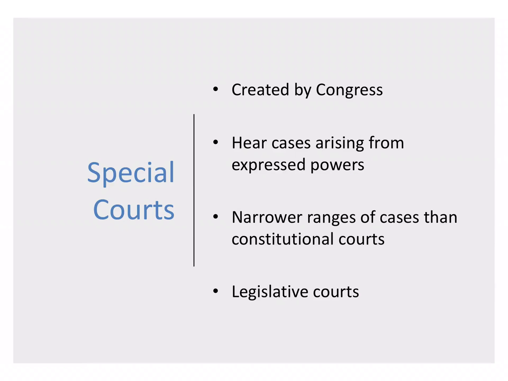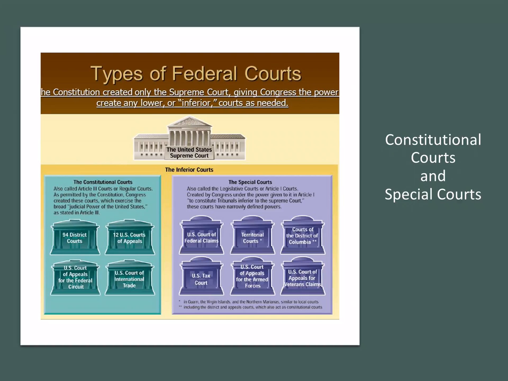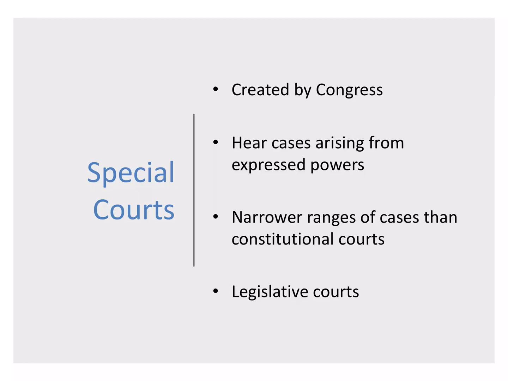All right, so special courts are created by Congress, and they hear cases arising from expressed powers. So remember Article 1, Section 8, all the express powers of Congress. Congress, as needed, created courts to deal with issues. So there is a tax court based on Article 1, Section 8, Clause 1, the power to tax.